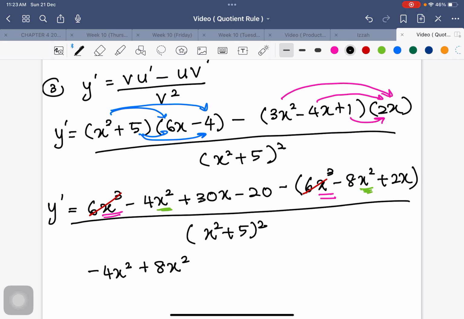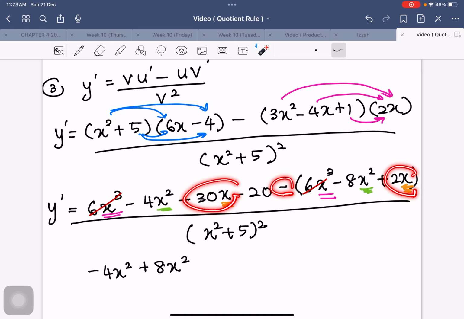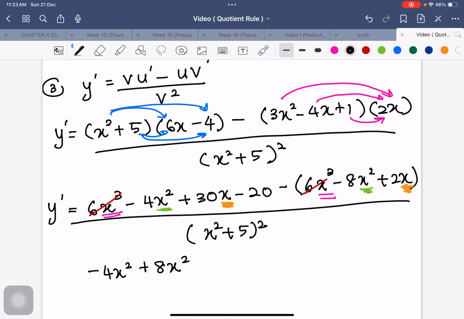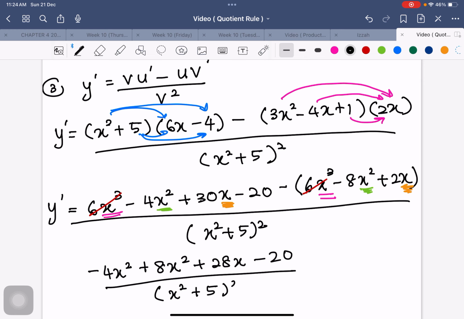Okay. The next term. Apa yang kita term lagi yang kita ada? X. So, kat sini ada X. Kat sini pun ada X. Okay. So, you will have 30x minus 2x. Okay. So, you akan dapat jawapan dia plus 28x minus 20 over x squared plus 5, the whole thing squared.